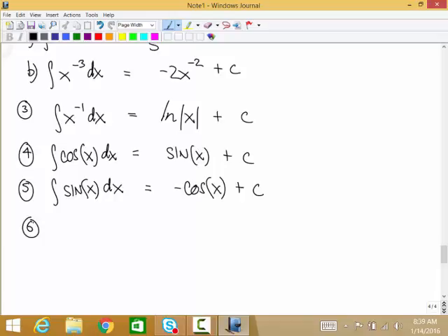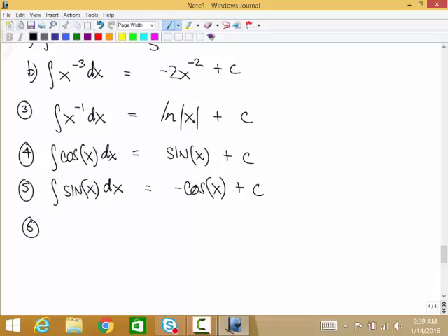Now the sixth and seventh for the derivative showed that the derivative was a linear operator. Taking the derivative of the sum of two functions was equal to the sum of the two derivatives, right? And taking the derivative of a constant times the function was equal to the constant times the derivative.